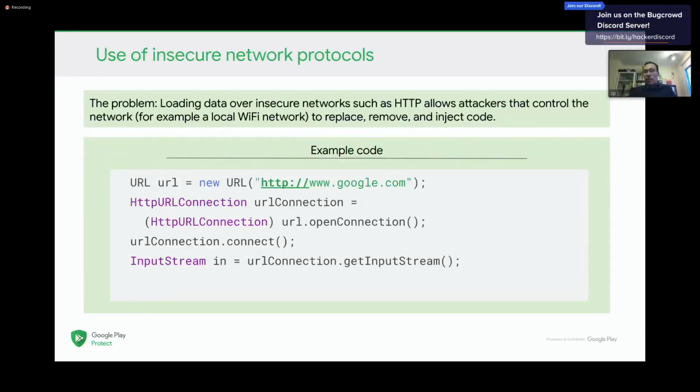Anything that is insecure, then an attacker on the same network, on a network they control, can replace, remove, and inject code. If you've ever gone to DEF CON, you know that occasionally there are people who intercept traffic there, and then they inject certain images that you don't want to see in your browser or wherever you read the data from.